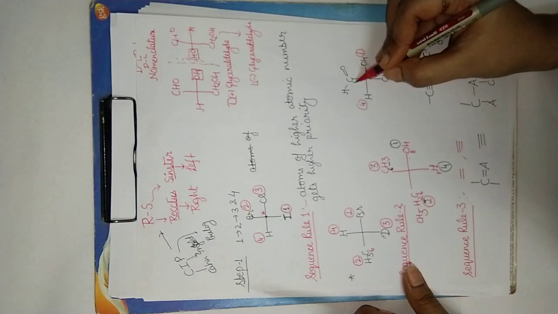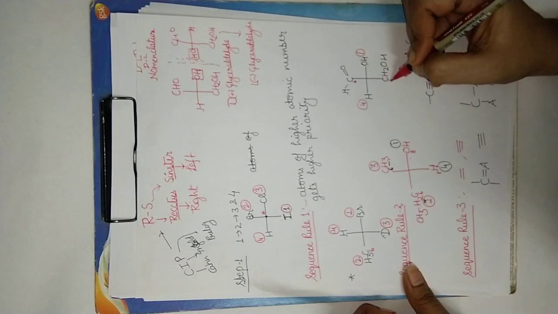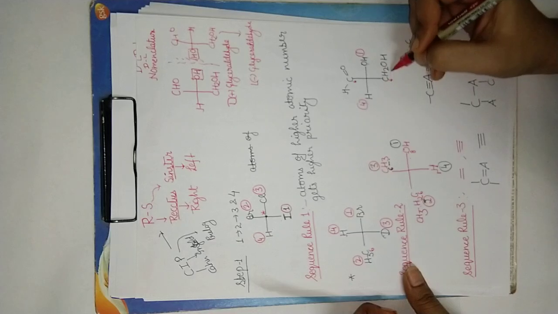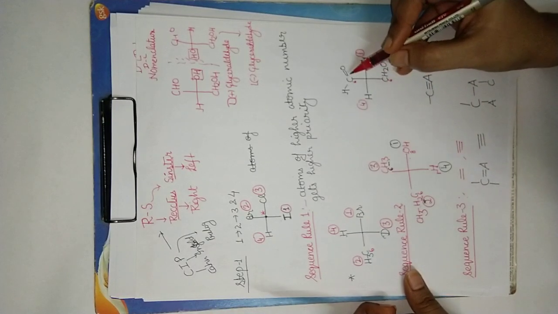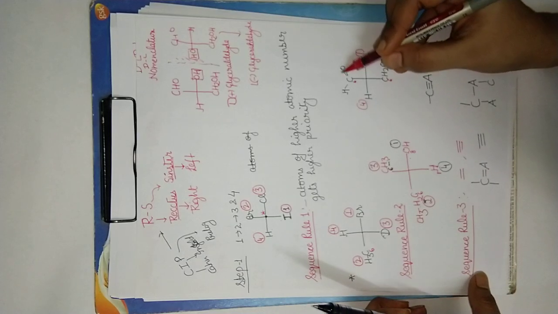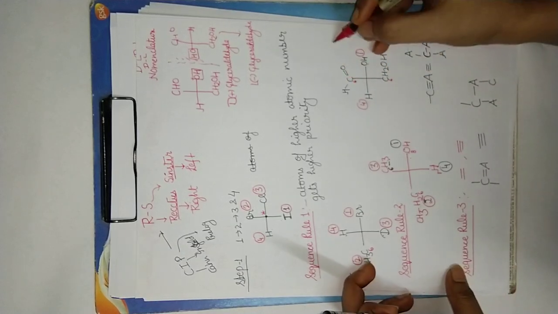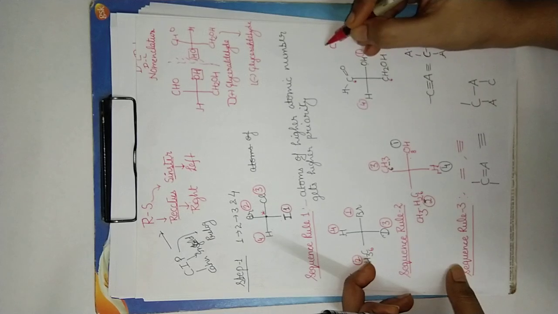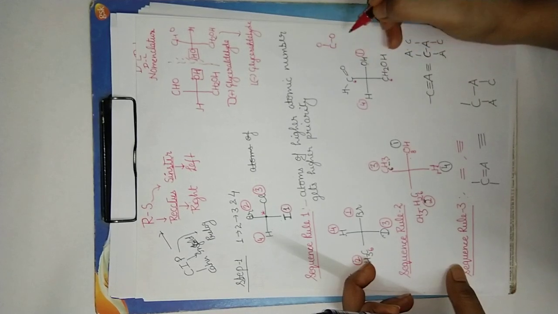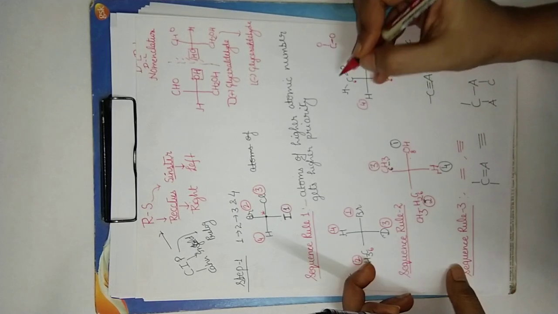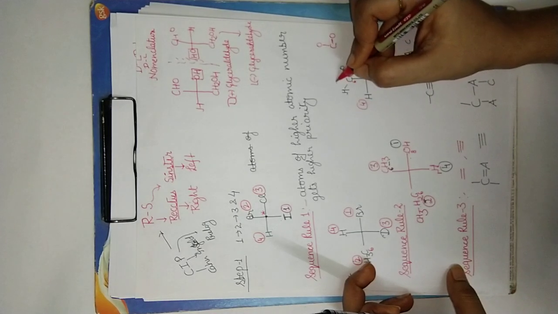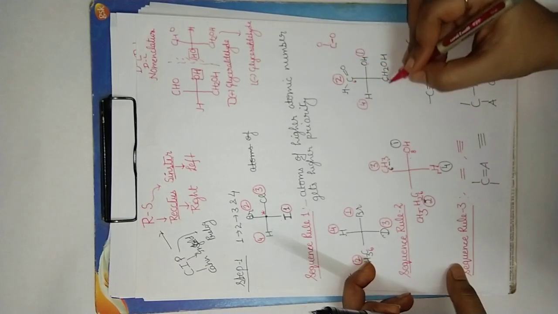This is the carbon atom, 6 atomic number. The next atom is hydrogen according to sequence rule 2, and according to sequence rule 3, this C double bond O is like this one. This is duplicated. That's why it will get 2 number, and this will get 3 number.